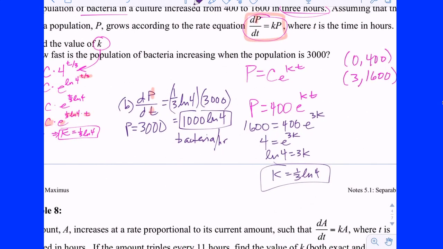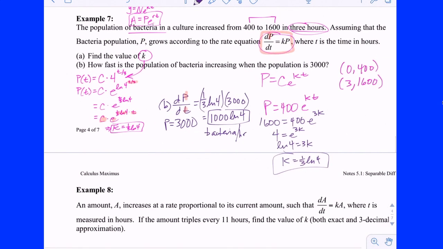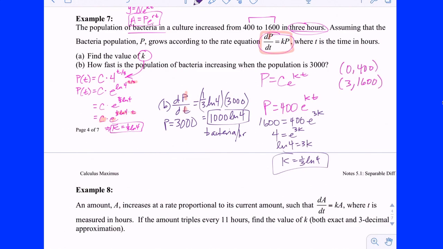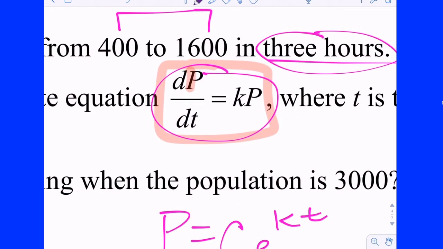So you can answer those two questions right there without even knowing the actual initial population. Either one of those makes a pretty good multiple choice question. If the second question was the only one that was asked, and the first one never was, you would have to know to do part A on your own, right, to find the value of k so that you can plug it into your little differential equation right there.